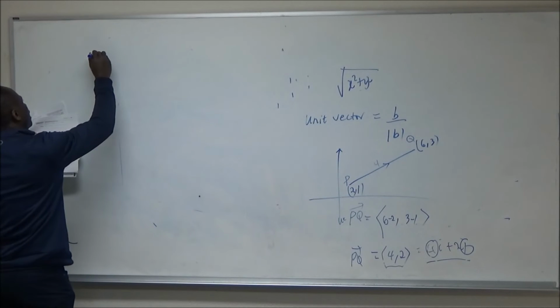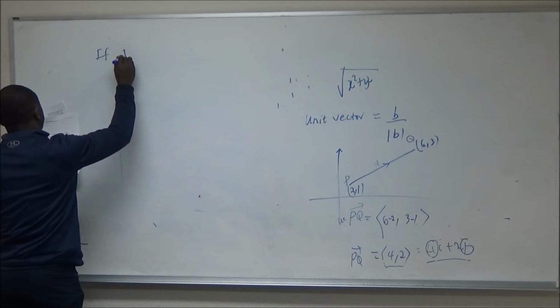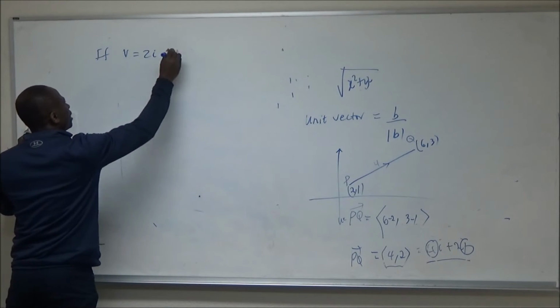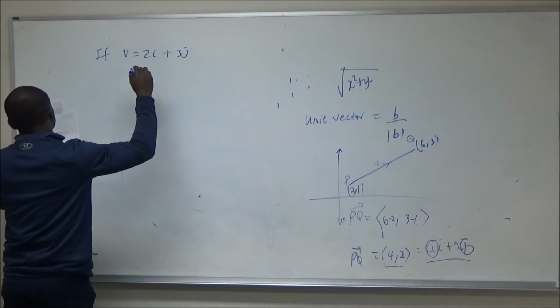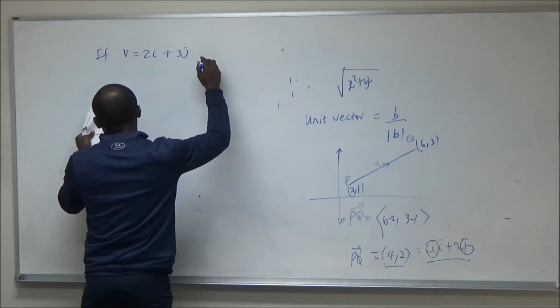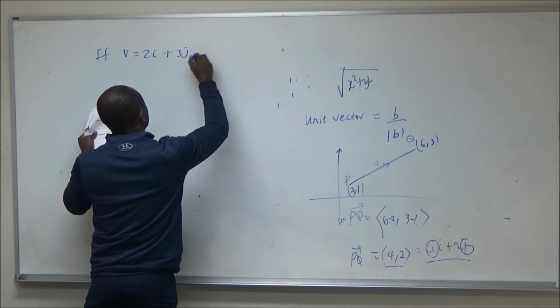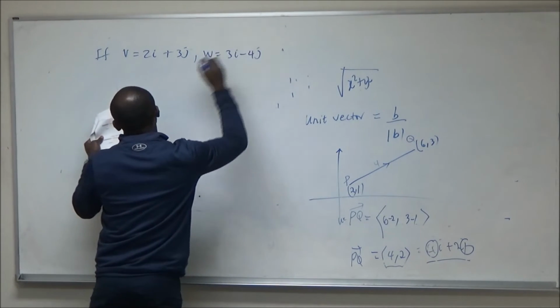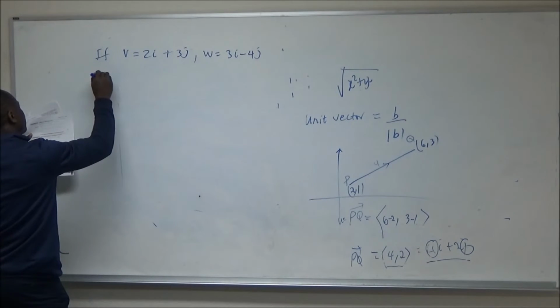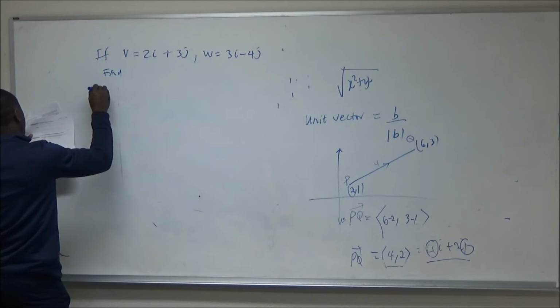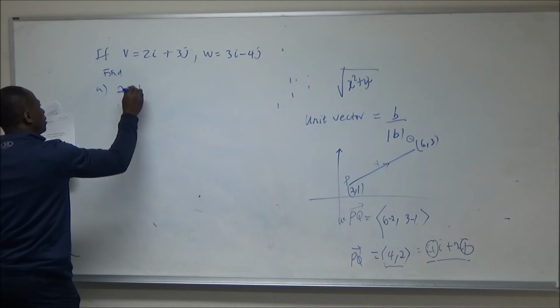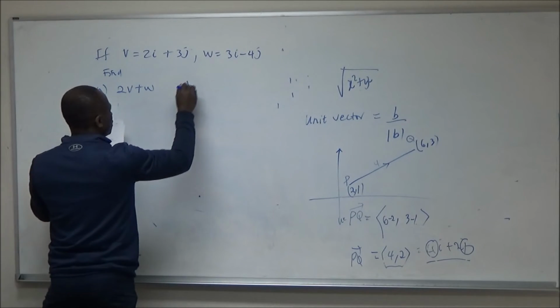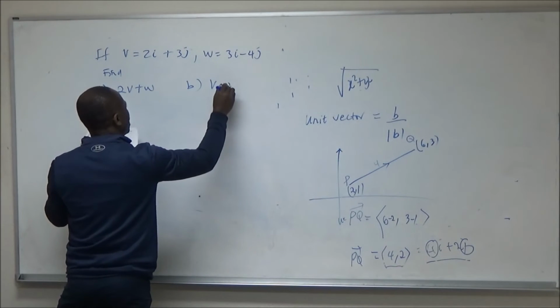It says, if vector v is 2i plus 3j, w is 3i minus 4j. It says find a, 2v plus w, b, v minus w.